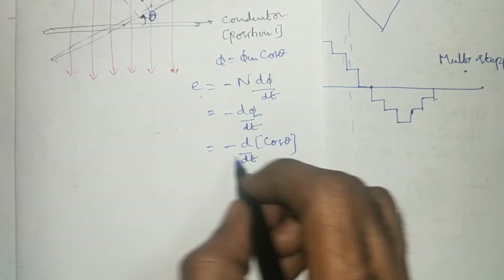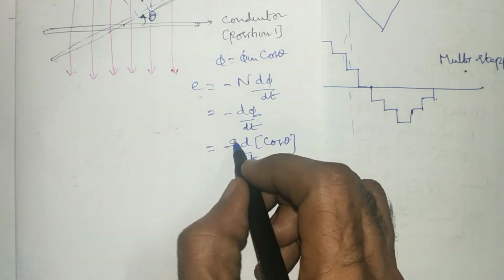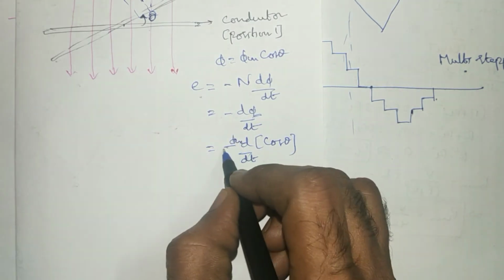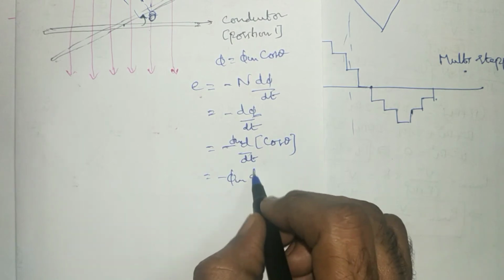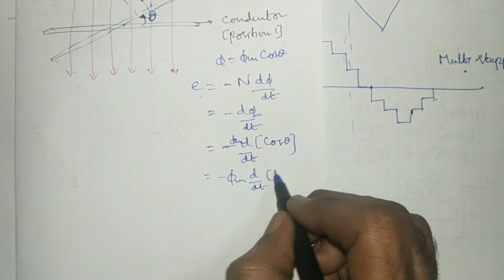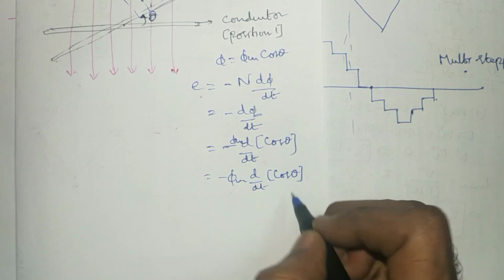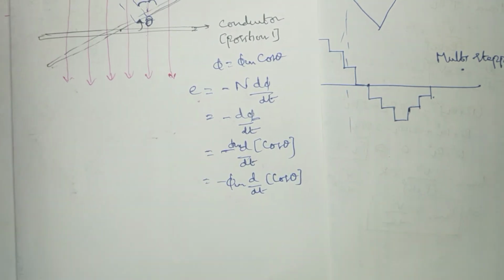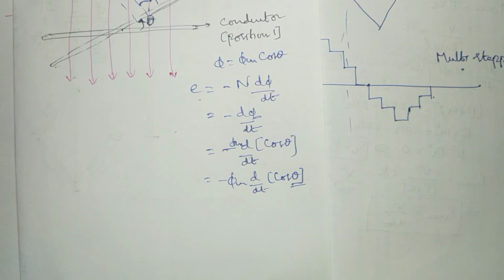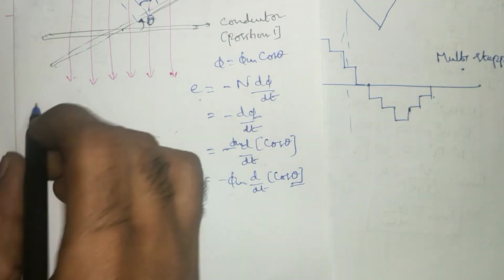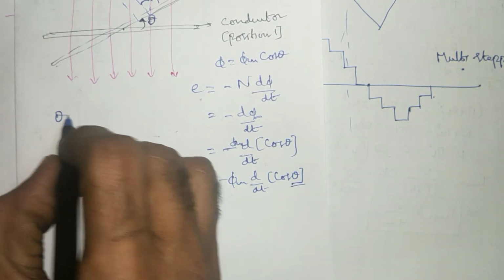Phi m is a constant and we can take it outside, minus phi m into d by dt of cos theta. So before going for this derivation, let me brief you a few fundamentals regarding this theta here. Theta is known as the angular position or angular distance traveled.